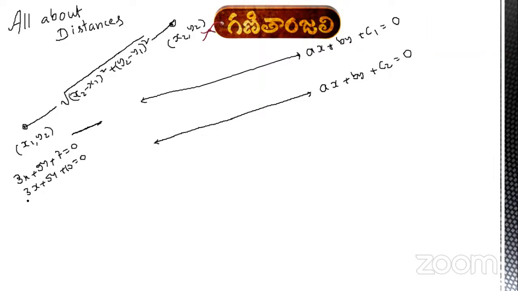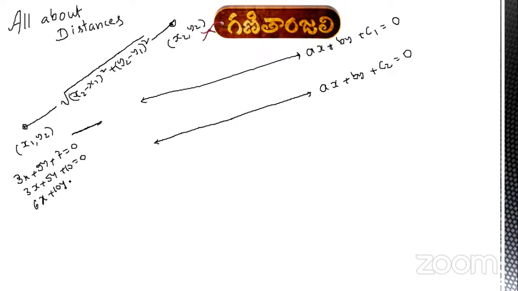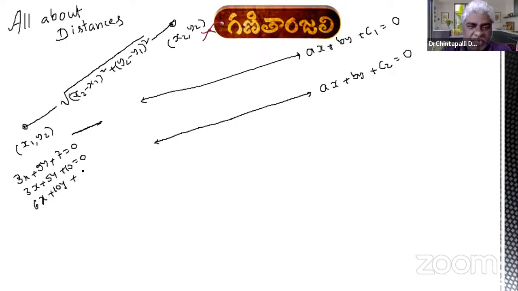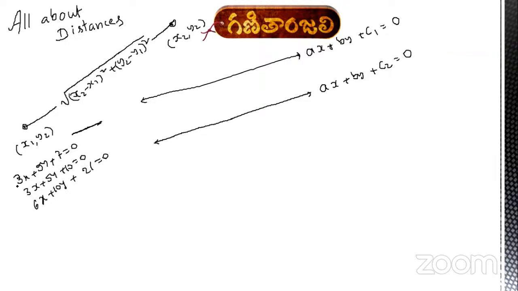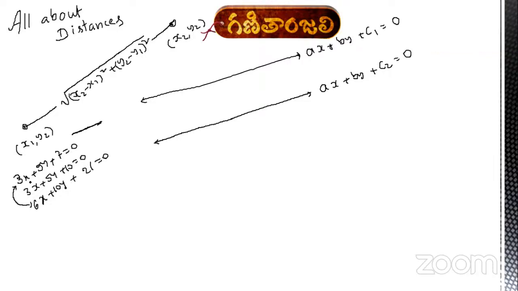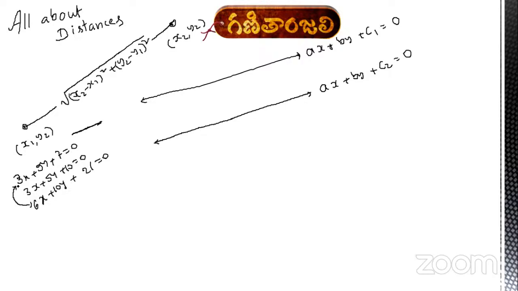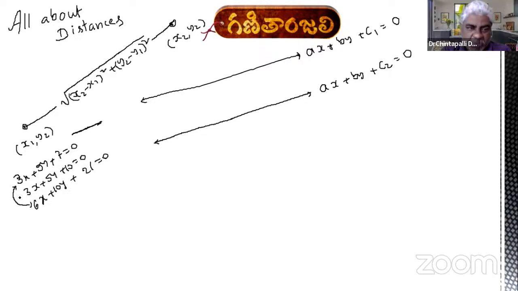Even if xy terms are not equal, they can be parallel. For example, if there is another line whose equation is 6x plus 10y plus 21 is equal to 0. At first sight, we can see that x terms are not equal. This is 6x, 10y, and the other is 3x, 5y. Even though these two are parallel.